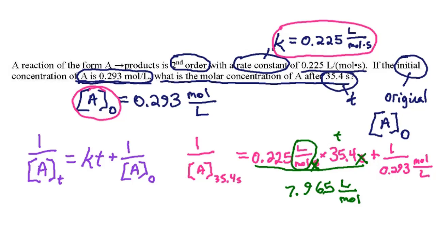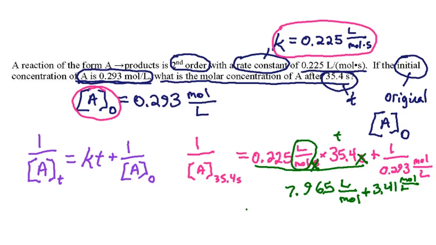Now we're going to add that to 1 over 0.293 moles per liter. So 1 divided by 0.293 is going to be 3.41 moles per liter.